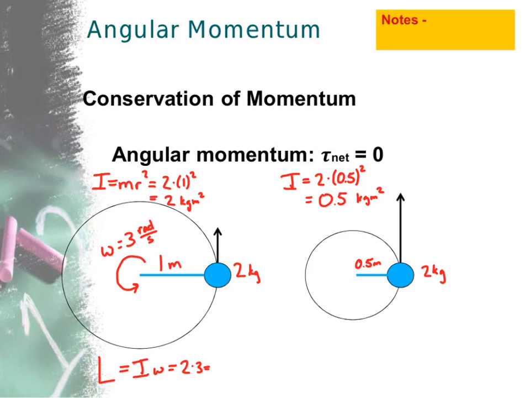Let's write that a little bit bigger. So it's 6. And believe it or not, there's some really strange units for this. It turns out that the units for angular momentum are kilogram meters squared per second. Yeah, it's really strange, isn't it?